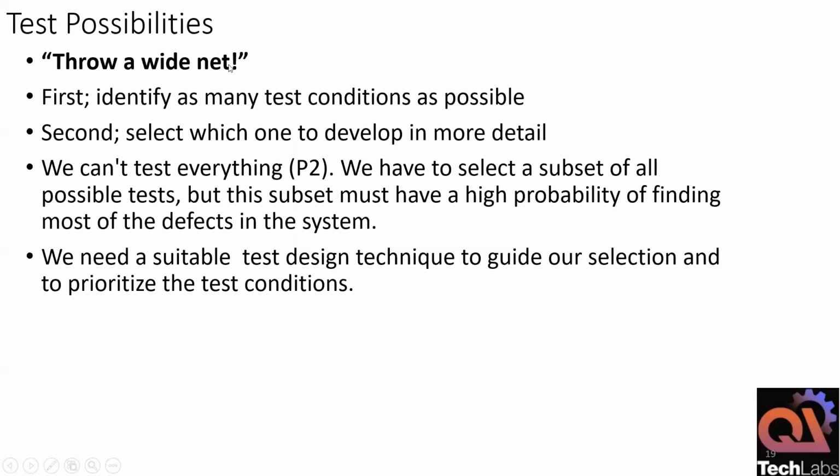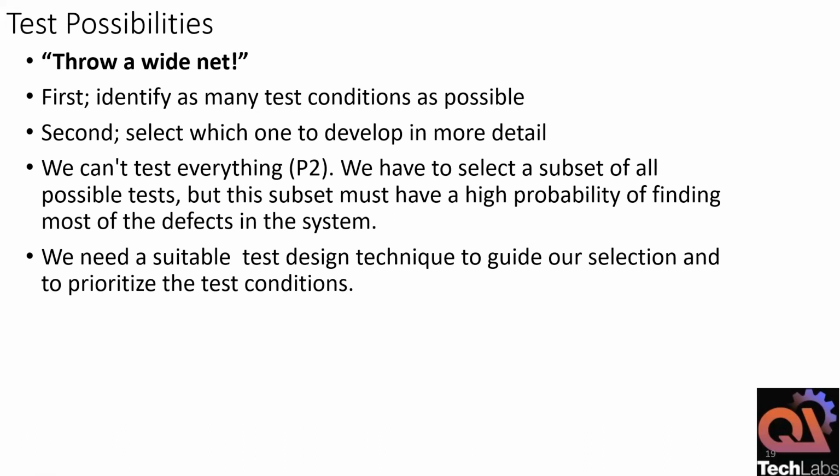Throw a wide net. First, identify as many test conditions as possible. Second, select which ones to develop in more detail. We cannot test everything. We have to select a subset of all possible tests, but this subset must have a high probability of finding most of the defects in the system.